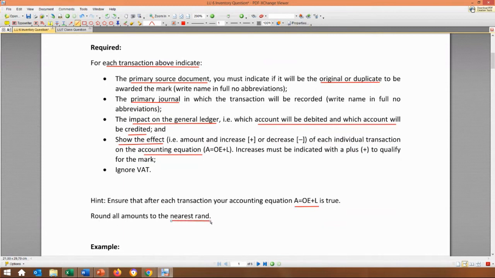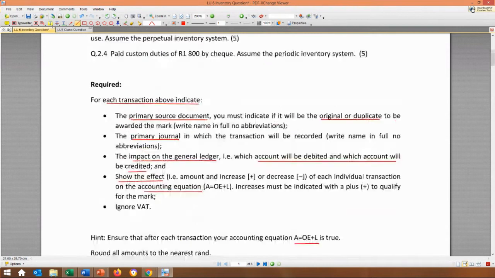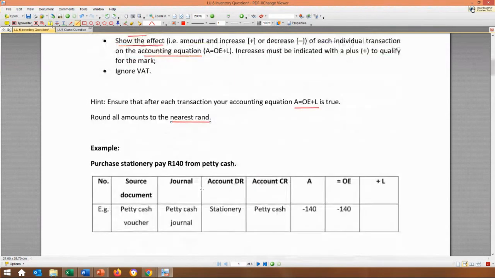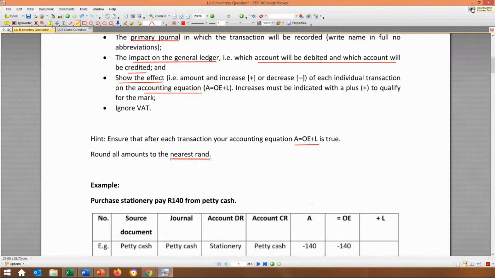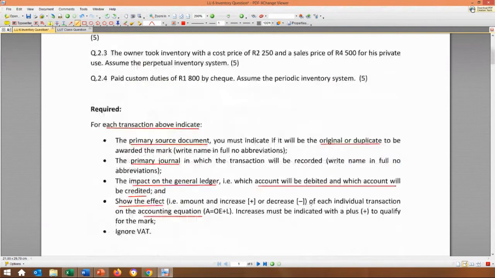So if you see this in a question, you round it to the nearest rand. If you don't see this, you round it to the second decimal. Okay, now they've given you an example of what the table would look like. Now the table was provided in the test, so I've created a copy, so we'll work on that.